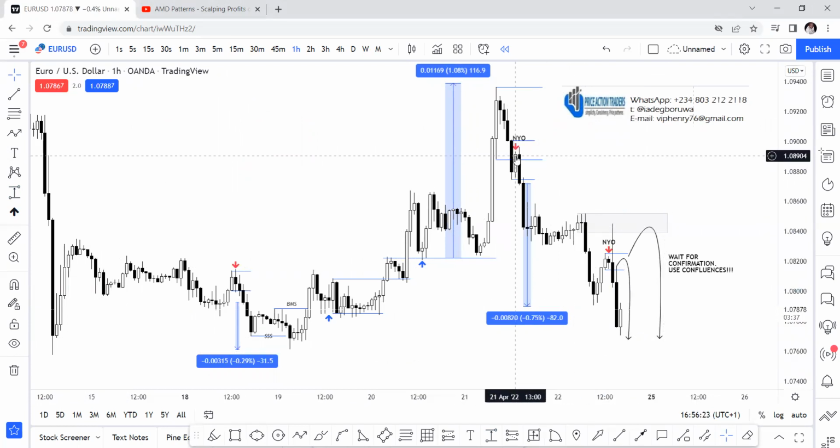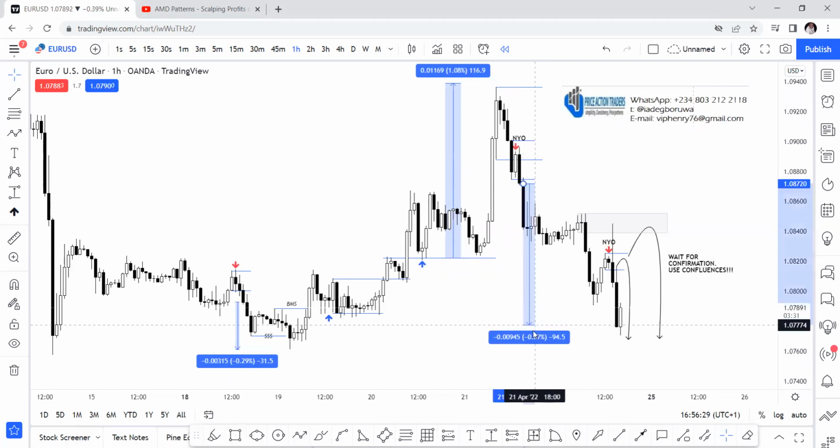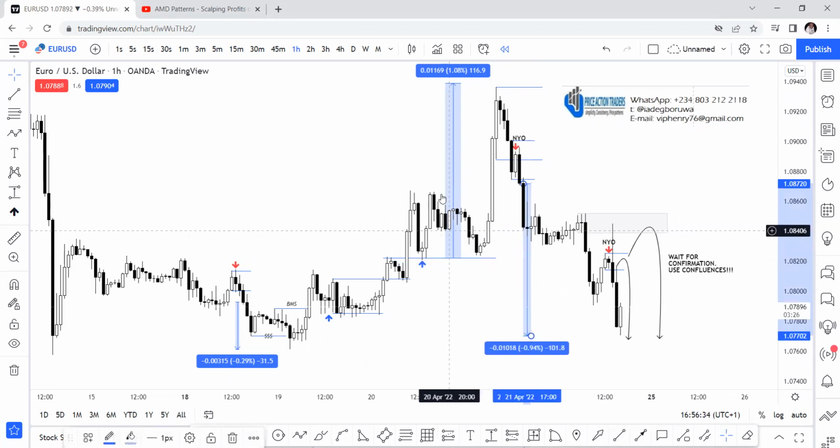From here, this is yesterday, it has moved down till today, almost about 102 pips, and this is on the 20th. Can you see? This is New York on the 20th. So that's why I do New York a lot.